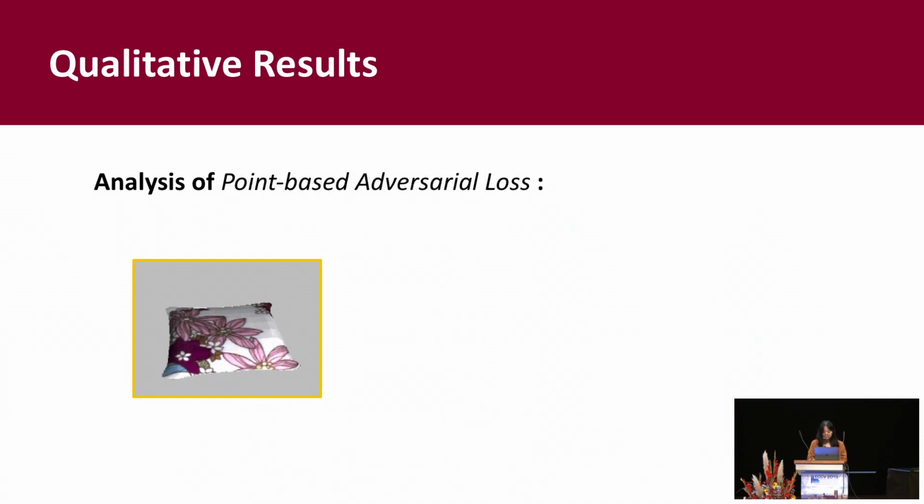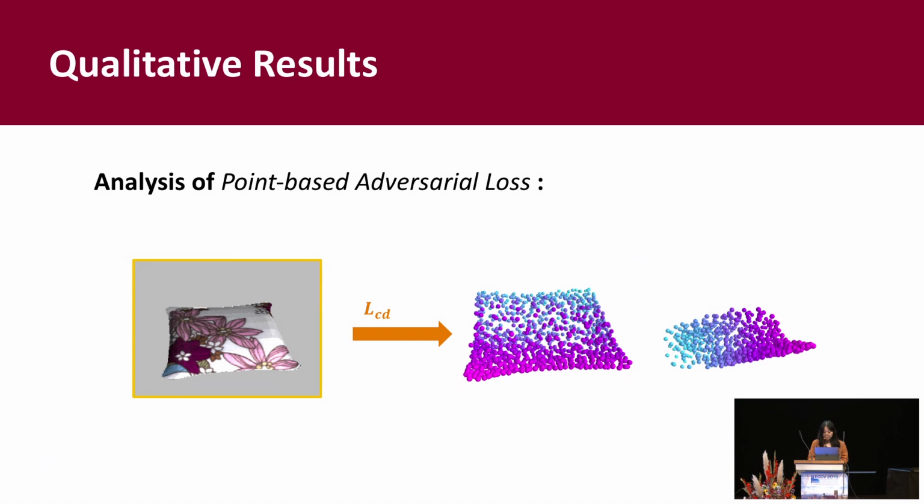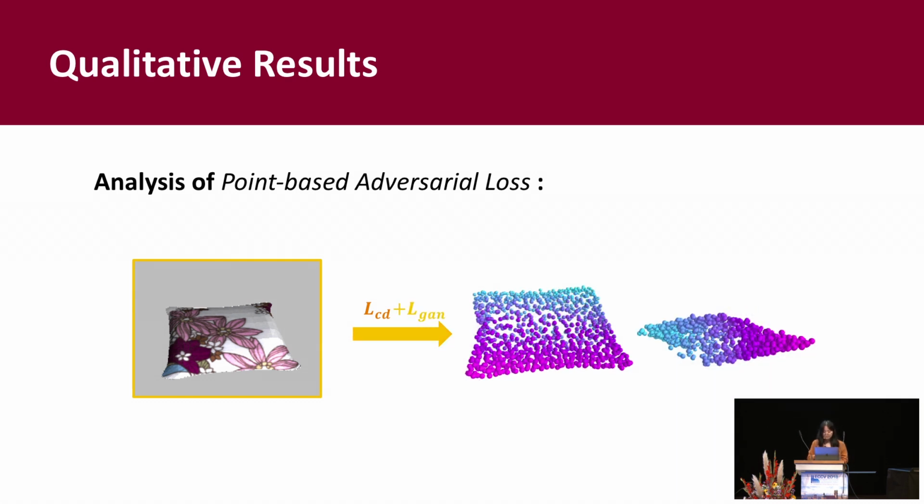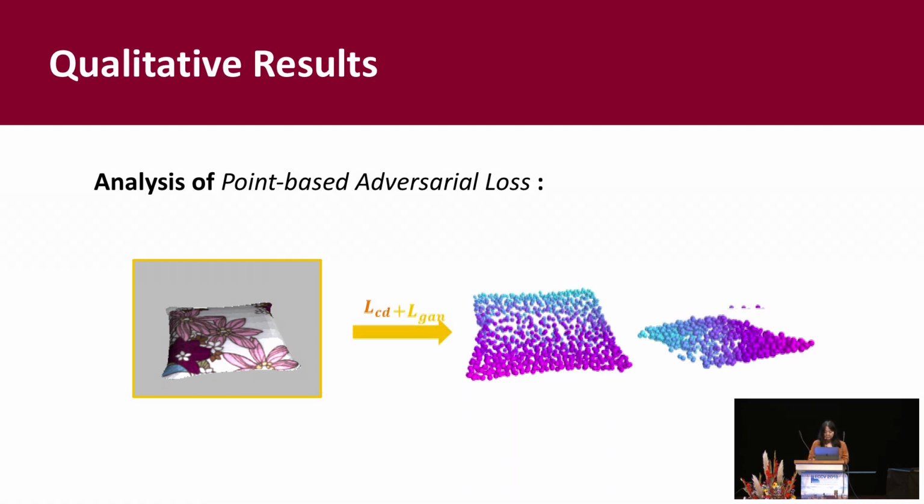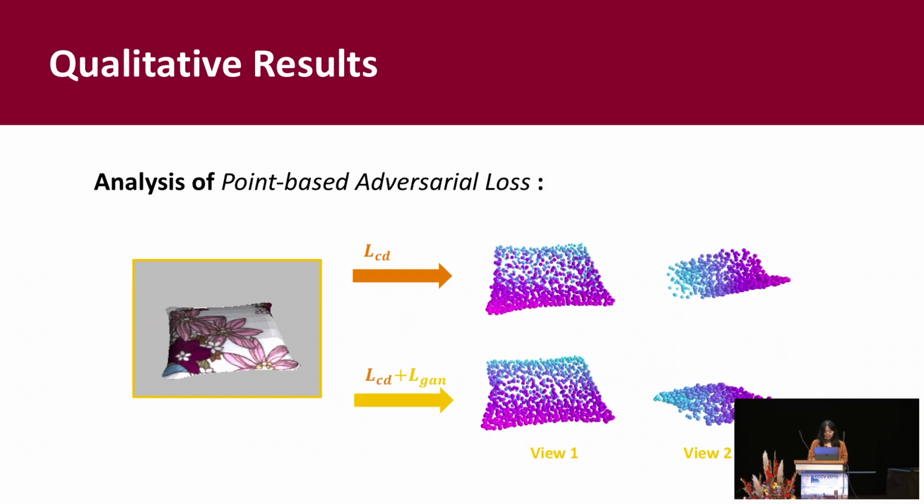There's also some comparison between baseline and our model with conditional adversary loss. Adversary loss helps explore the semantic information and produce plausible 3D object models. Without adversary loss, the generated point clouds seem unnatural, while ours look more realistic from different views.